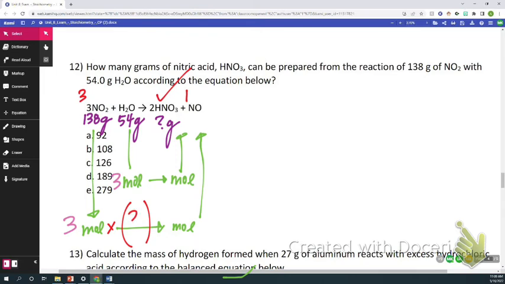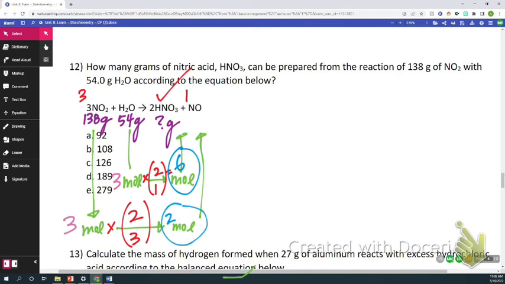So it's 2/3. And this one, the mole ratio should have been 2/1. Right? So this is 6 moles. That's going to make 6 moles here. And this bottom one is going to make 6/3, which is 2 moles.